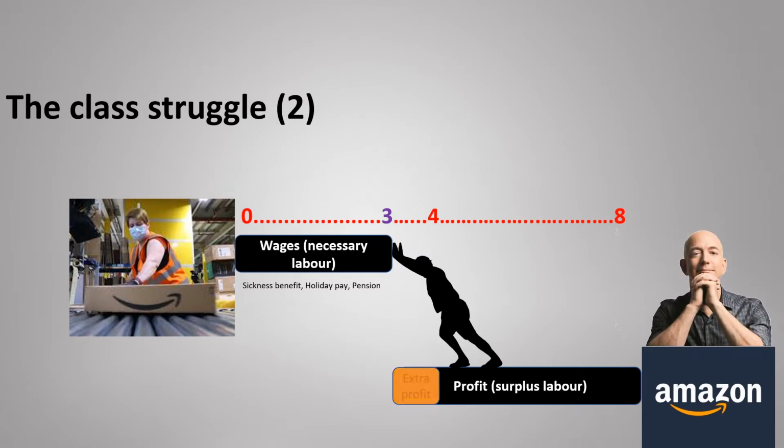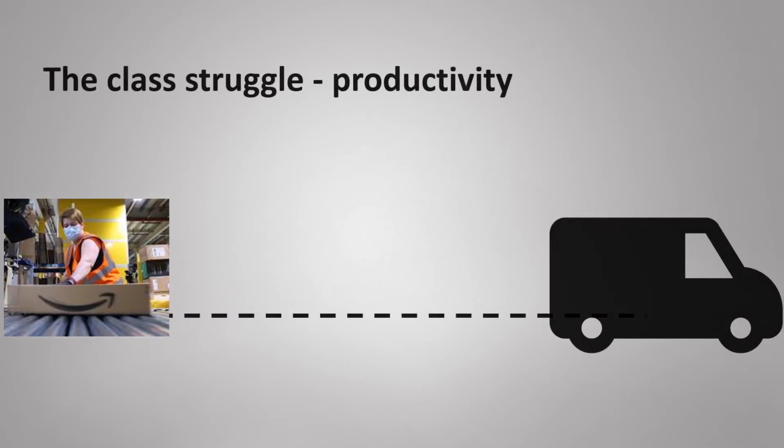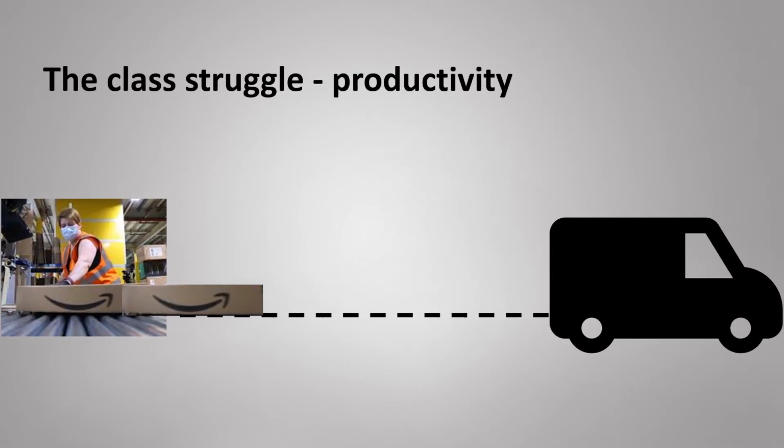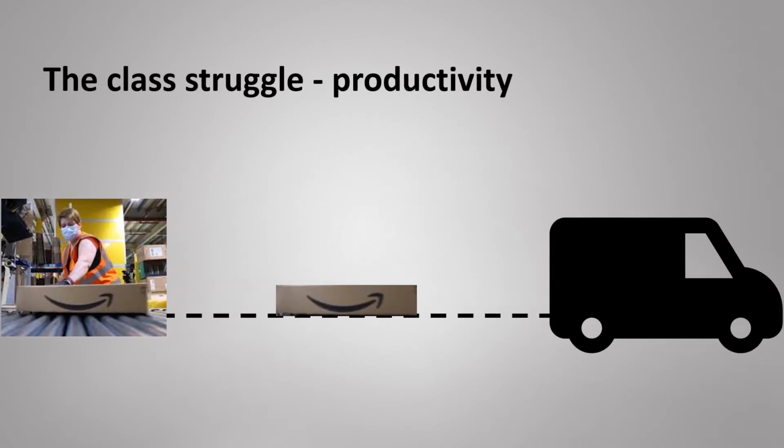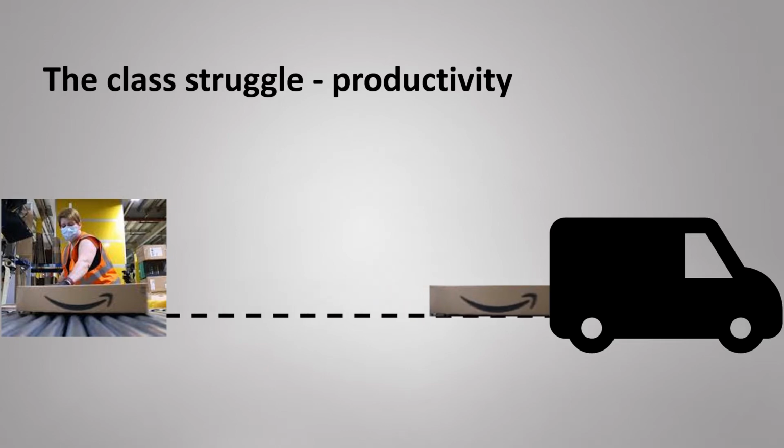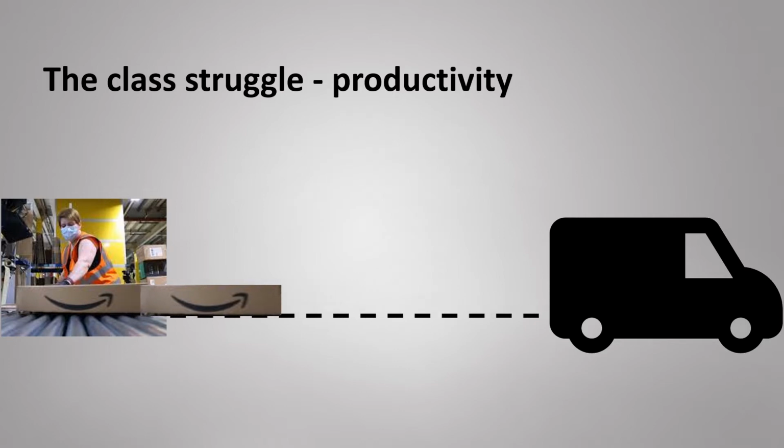Or it can be done by extending the number of hours you have to work. Profits can also be maximised by increasing the rate at which you work, making you produce more per hour, and that's what's meant by increased productivity.